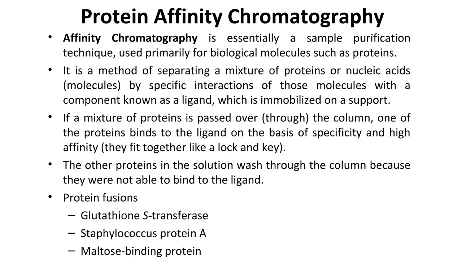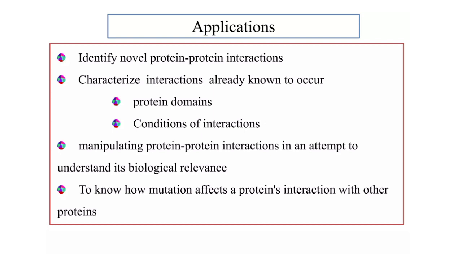Different fusion proteins include glutathione S-transferase, Staphylococcus protein A and maltose binding protein. The applications of this technique are to identify novel protein-protein interactions and to characterize interactions already known to occur.